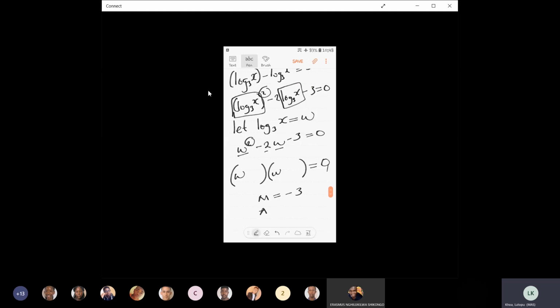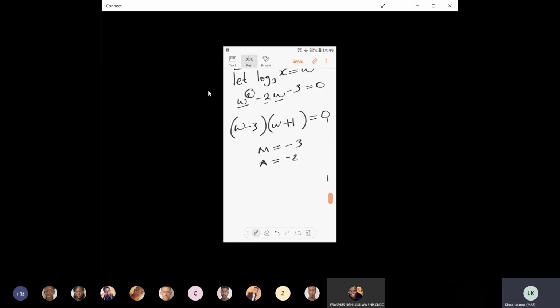And when I add the two numbers, the answer is equal to negative 2. So the two numbers are negative 3 and positive 1. So I put them there, negative 3 and positive 1. Okay. Then I solve. I will get w minus 3 is equal to 0. And this means that w is equal to 3.